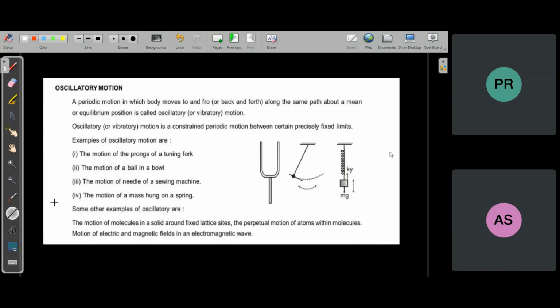For example, in case of a pendulum, if you oscillate it, about this mean position it will go this side, then this side, and keep oscillating about that mean position.